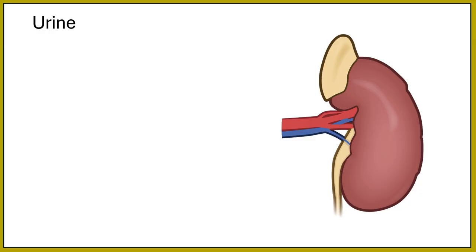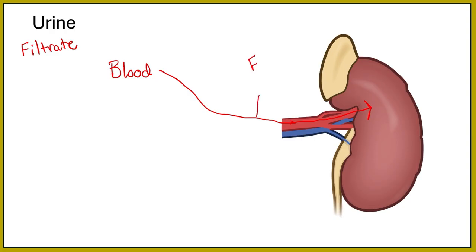All right, so what is urine? Urine is a filtrate of the blood. So you're going to start with blood coming into the kidney via the renal vein. When it comes in here, the first thing that is going to happen is you're going to filter.